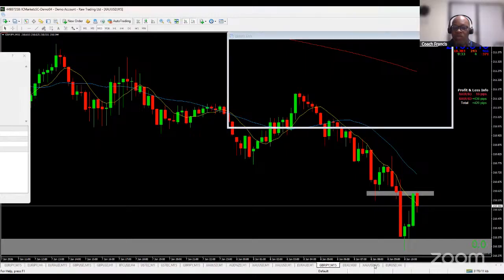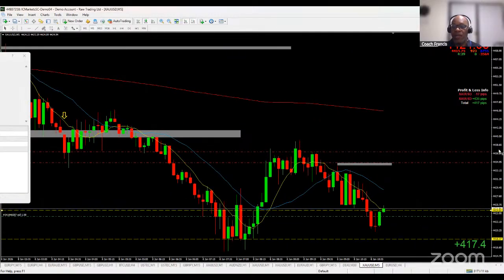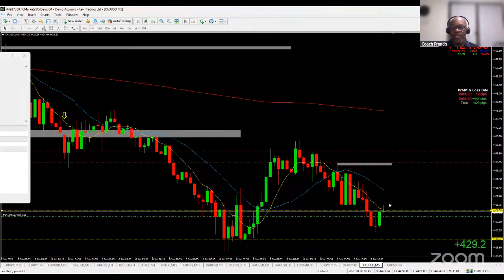Now let's go to gold. So we see our gold trade. This is basically where we entered for a sell. But like I say, anywhere between here and the stop loss, you can enter. So I'll wait to see how this plays out. If it does keep on going down, fine.